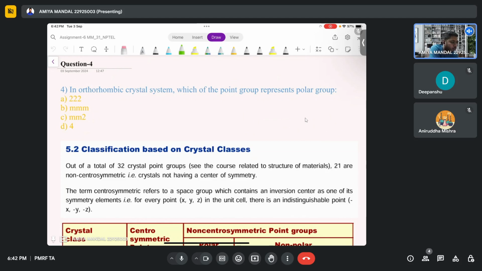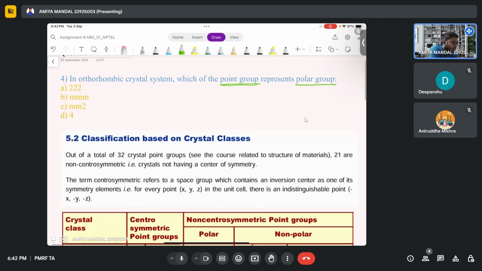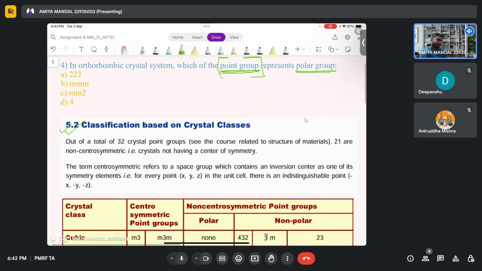Many things have been given here. So you must have divided the point groups. Just see, you have also learned in the lecture class the classification based on crystal classes.